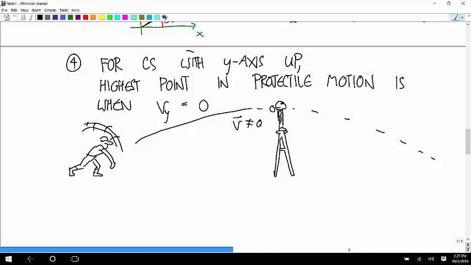Well, possibly after it's hit his head, but remember that we are only dealing with constant acceleration. And so when we do projectile motion or free fall problems, we're only able to do the calculations for the part where the ball's in free fall.